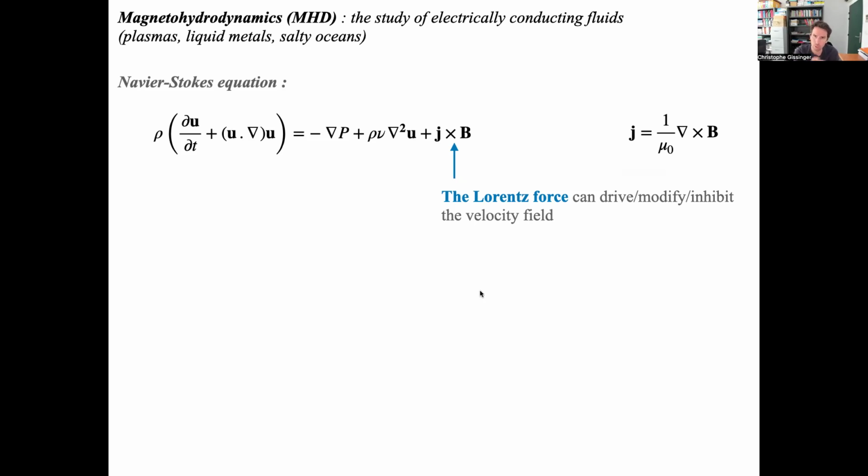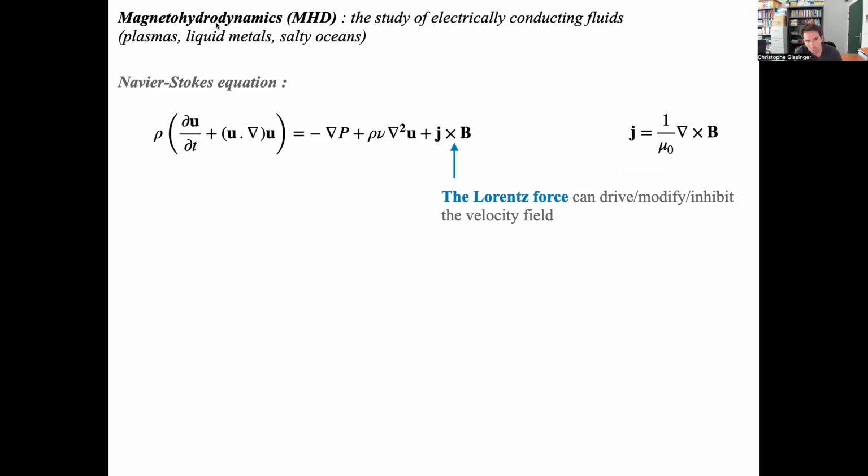It can describe, for example, the plasma in accretion disks or in any ionized gas in astrophysics, like in stellar interiors. It can also describe the liquid metals in planetary interiors. In laboratory experiments, it's a good choice in general to use liquid metals and any electrolytes, like salty oceans, for example.